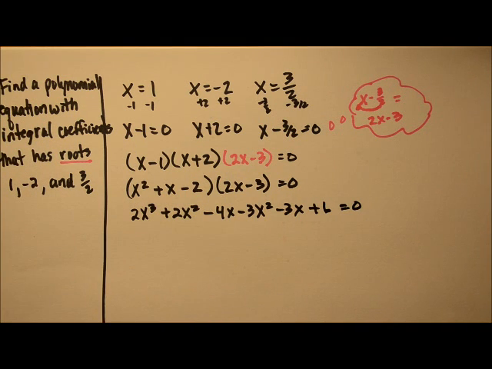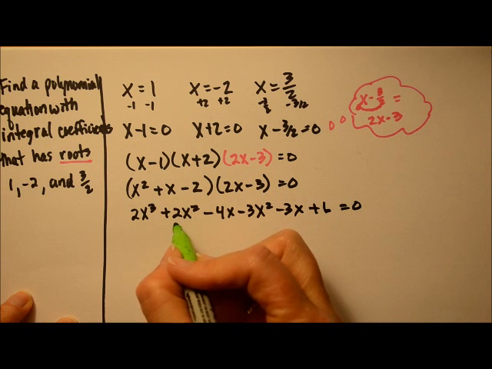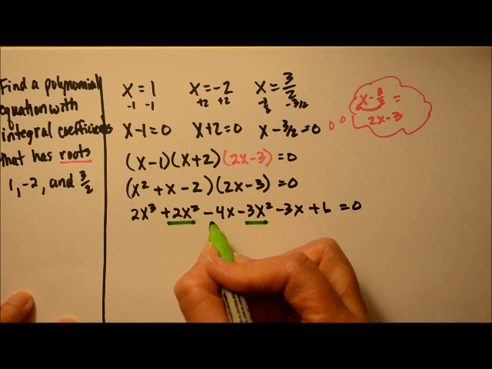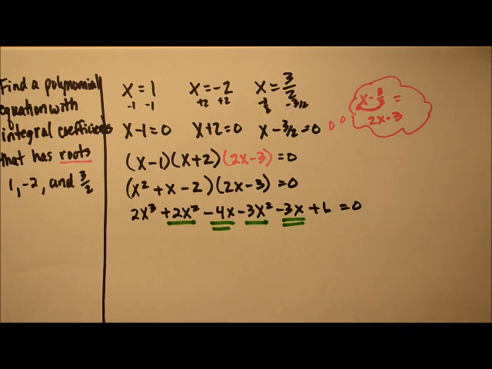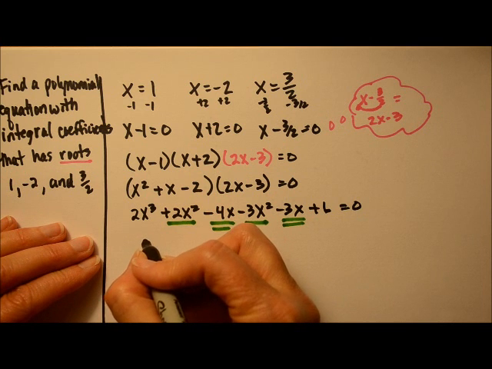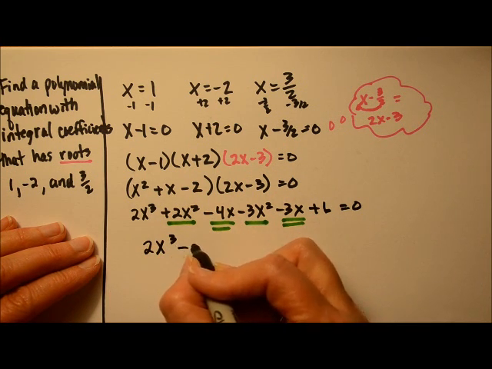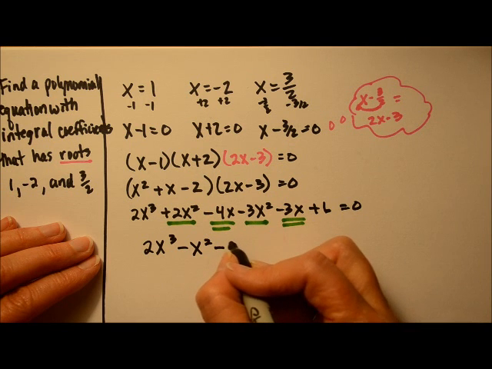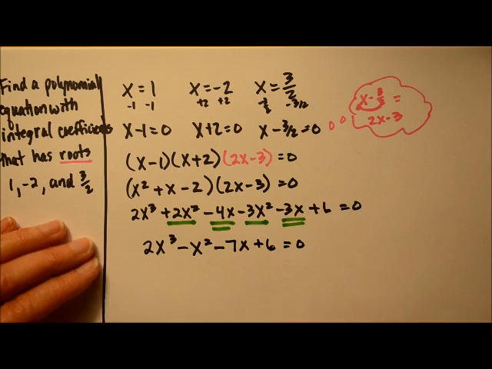There are like terms there if you see them. This is an x squared, even though on my paper it looks kind of ugly, but that one and that one are like, and these two are like. So I'm just going to combine those like terms. My answer is 2x cubed minus x squared minus 7x plus 6 equals 0, and there's my answer.